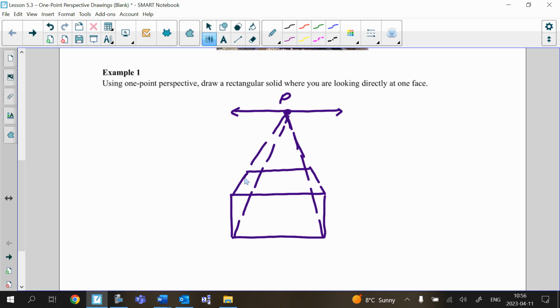And I can't see them, so I'm going to draw dash lines. And there's my finished rectangular solid. It looks like this. Then we've got this, and this, and this, and that. So there's the actual solid. So that's using a vanishing point to create a solid.